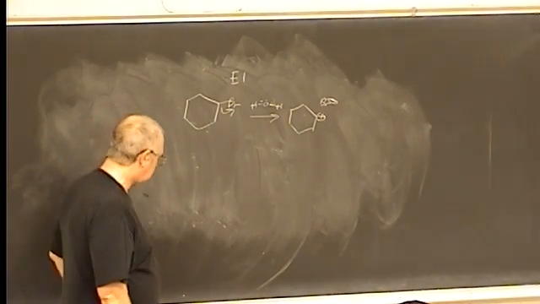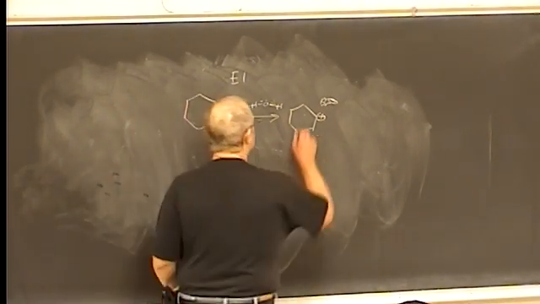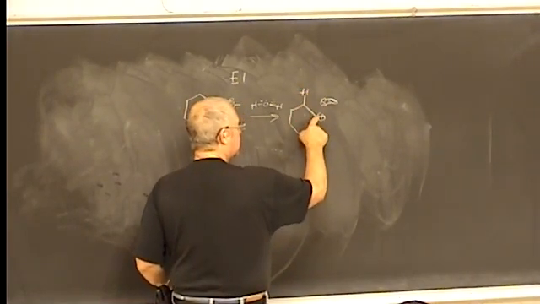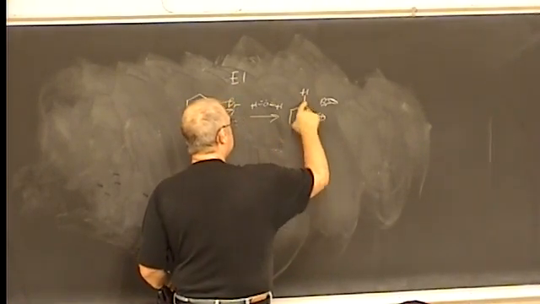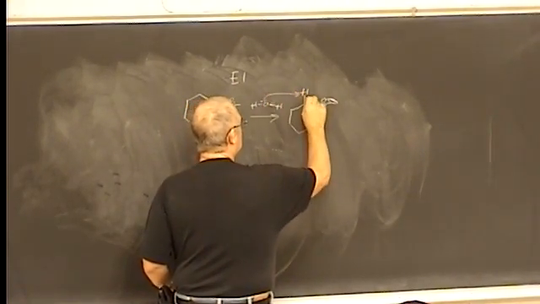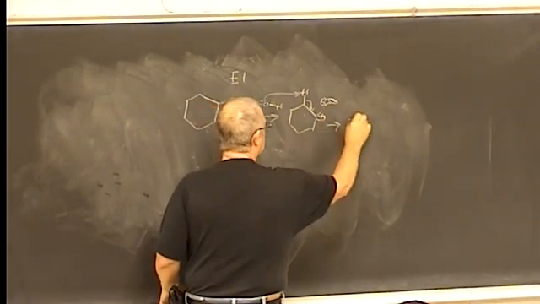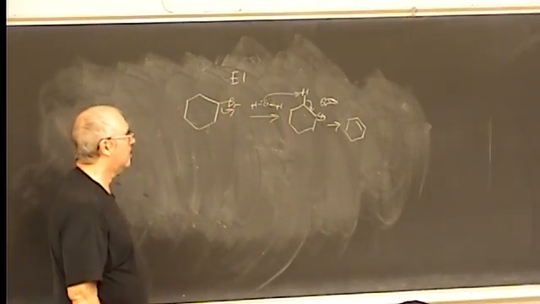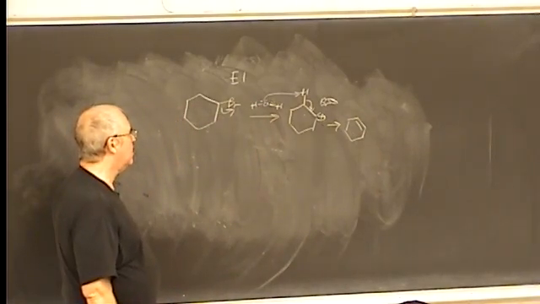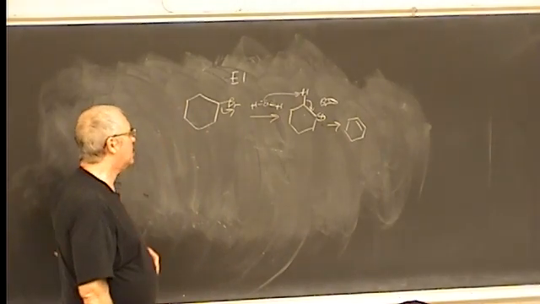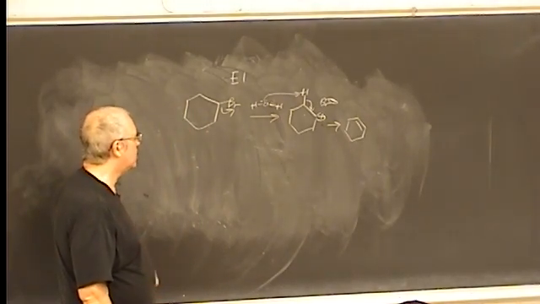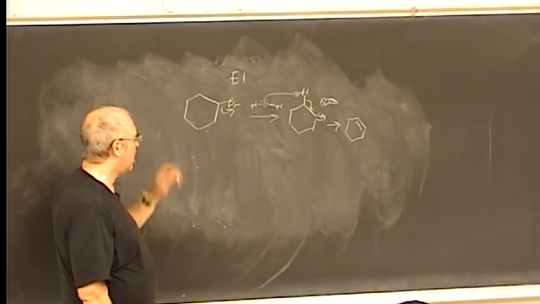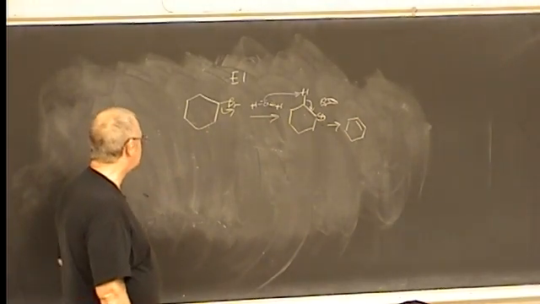And then water comes along and removes a beta hydrogen. Okay, not this hydrogen here, but one on the next carbon over. And this will produce an alkene. Okay, so under these conditions, we could get a mixture of substitution and elimination. We could also get the alcohol. If we do it at higher temperature, that's more likely to favor the alkene.